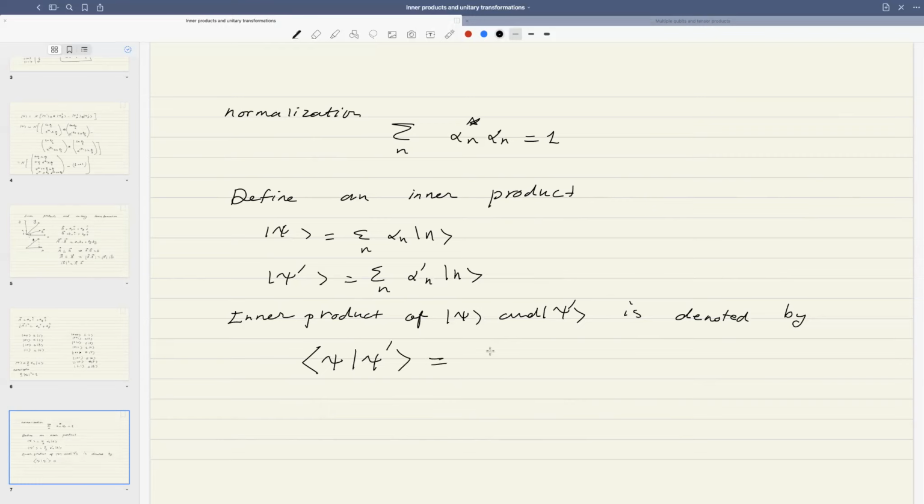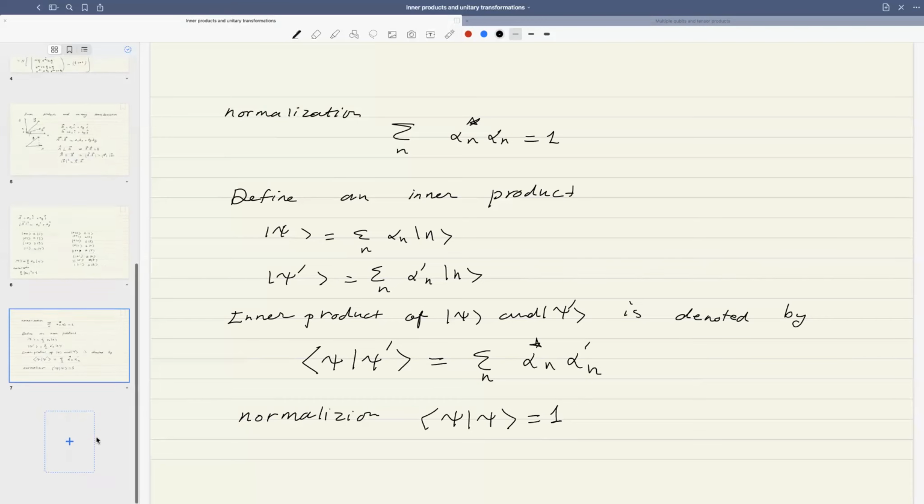This is given by the sum over n of alpha star n times alpha prime n. Then the normalization condition in this notation is just that the inner product of a state by itself is 1. So that's a general inner product between two vectors.